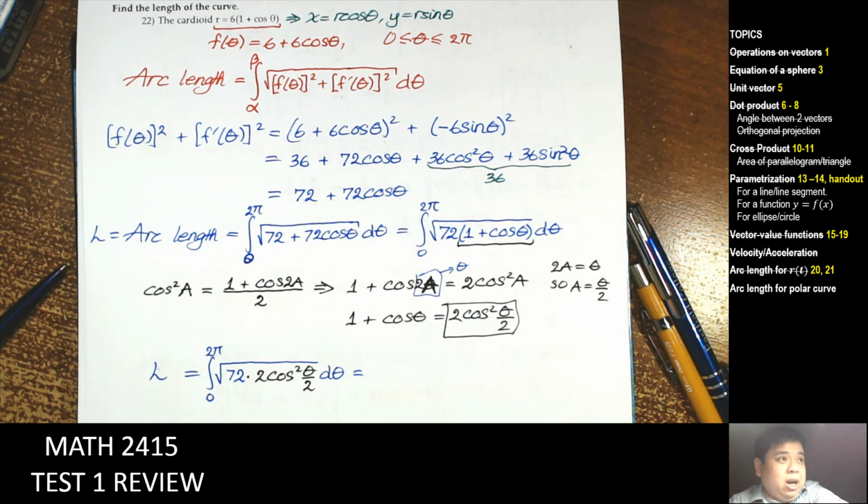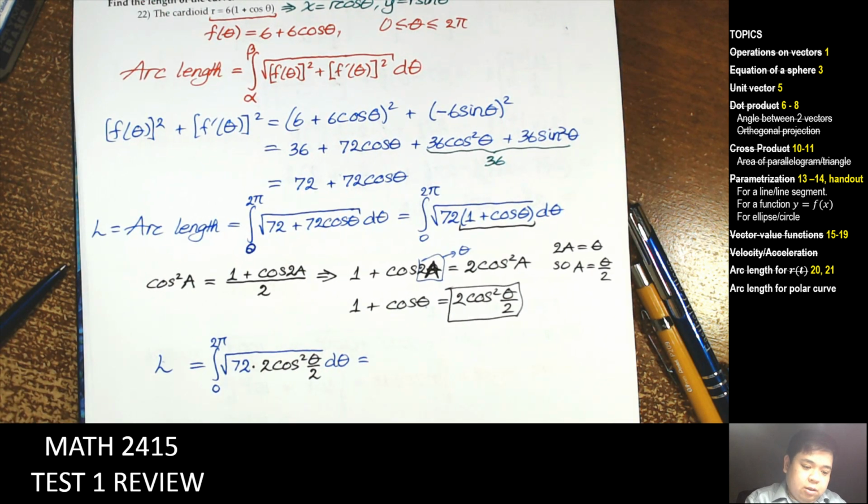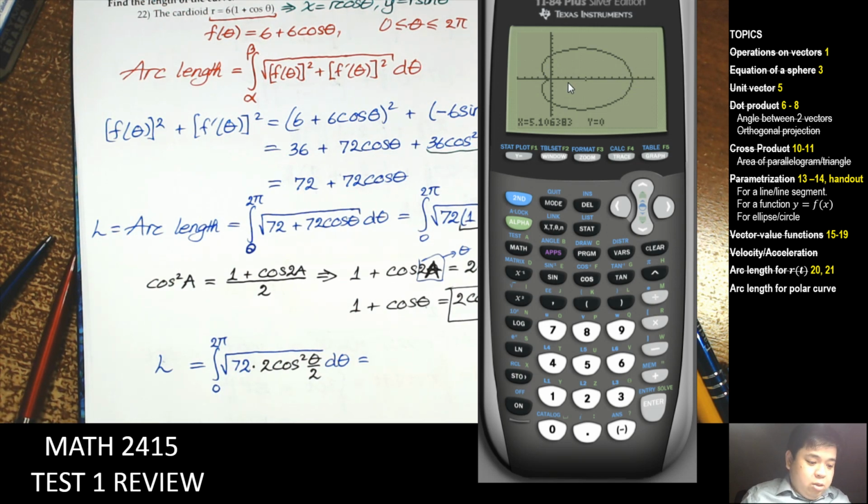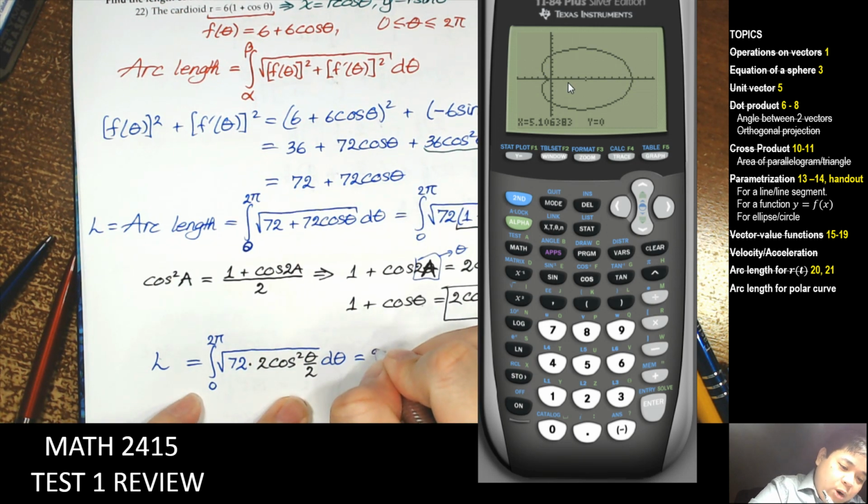Now this time we make one small adjustment. We have to look at the graph again. Notice that the graph is symmetric, so instead of going from 0 to 2 pi, we just cut it in half, the upper half and the lower half. The upper half goes from 0 to pi. Because of symmetry, we're going to double it, but we go from 0 to pi only.